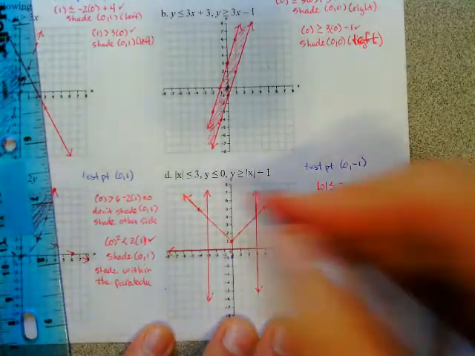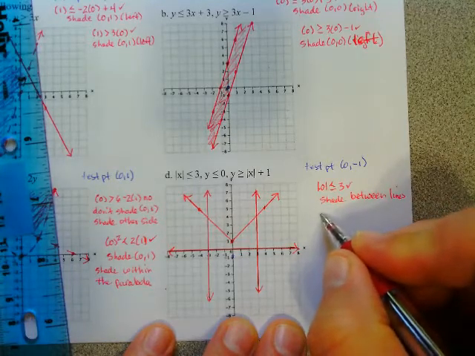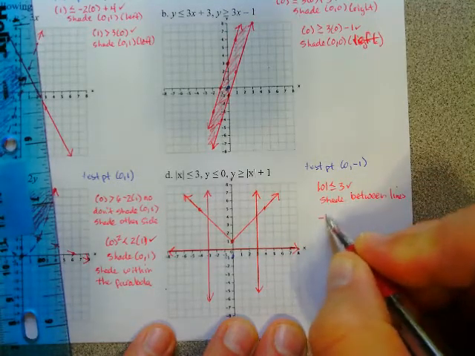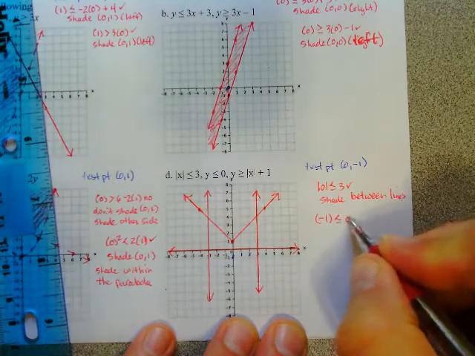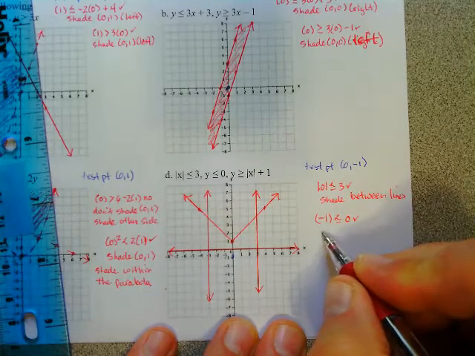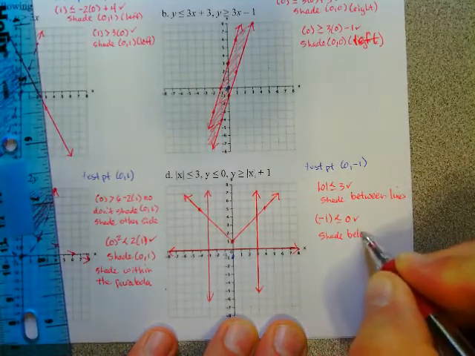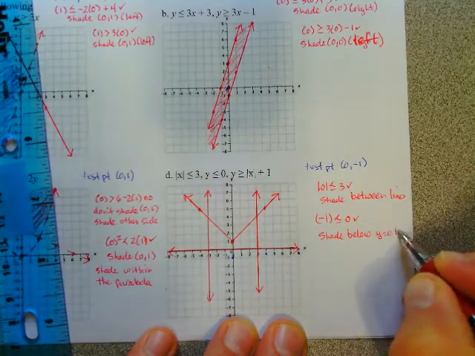Now let's try the next one. For that one, y is -1. Is -1 less than or equal to 0? That's true. So now it says I have to shade below the y equals 0 line.